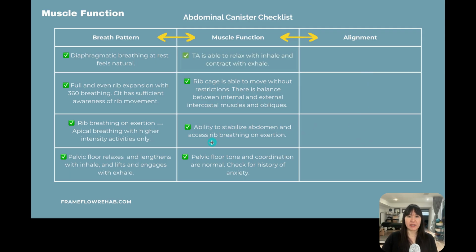So moving back here, the ability to stabilize the abdomen to access rib breathing on exertion. Remember how I said rib breathing is there when the activity level or the intensity level increases.